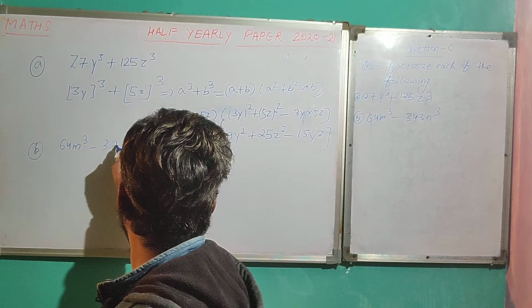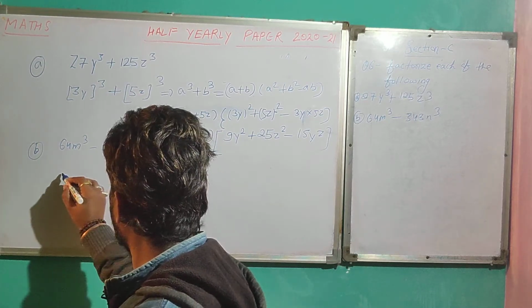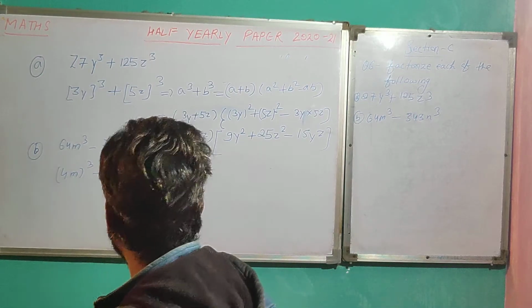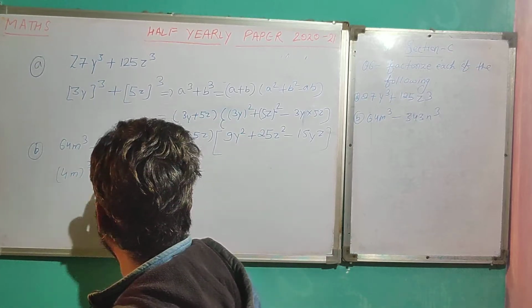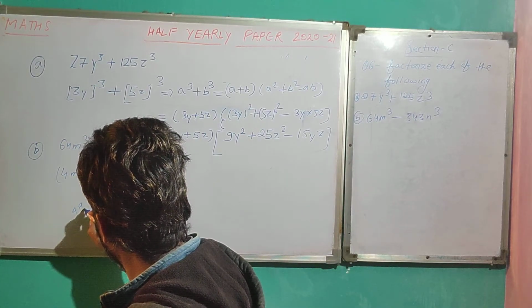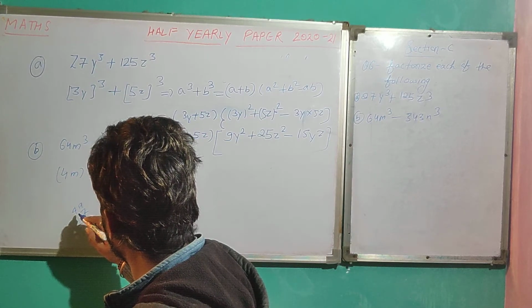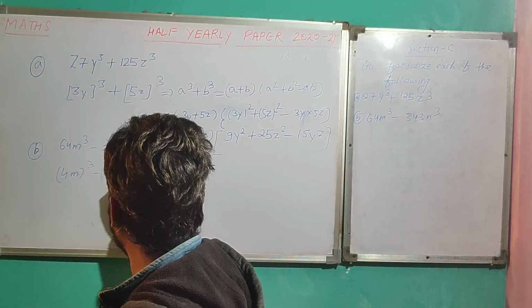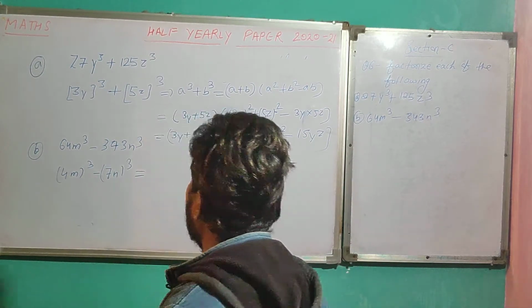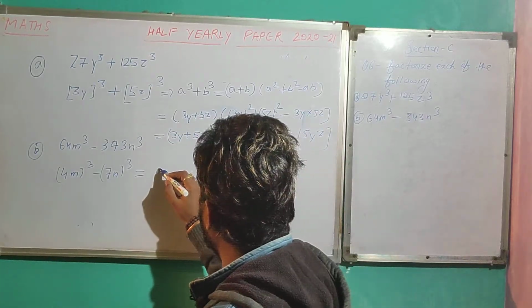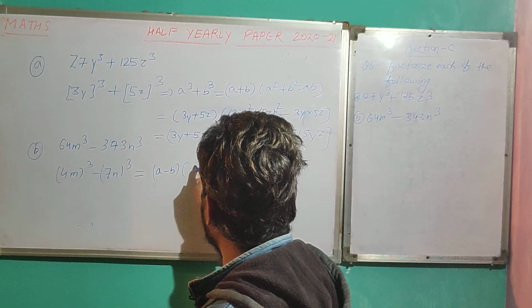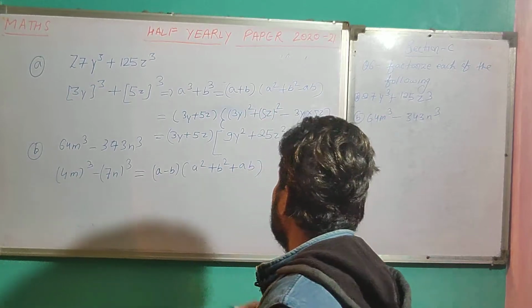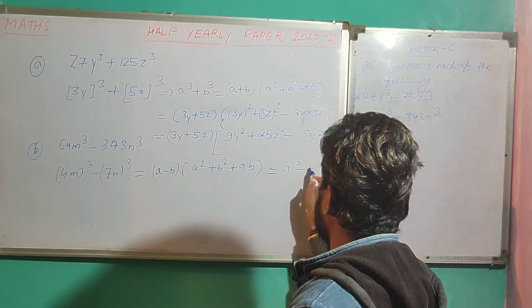Okay. Similarly, the second one, 64m cube minus 343n cube. Okay, this is (4m) cube. This is (7n) cube. So the formula is a minus b, a square plus b square plus ab, is equal to a cube minus b cube.